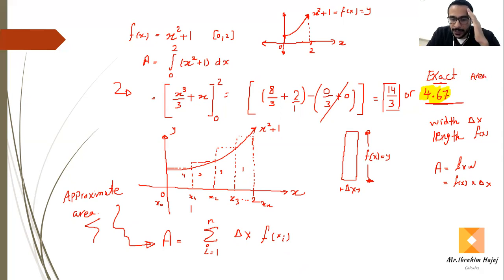And now what's the idea? The idea is to find the sum of all rectangles under the curve, and then add up all the areas by finding the sum of delta x times f of x.